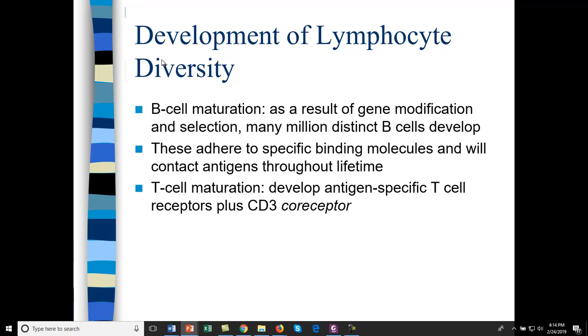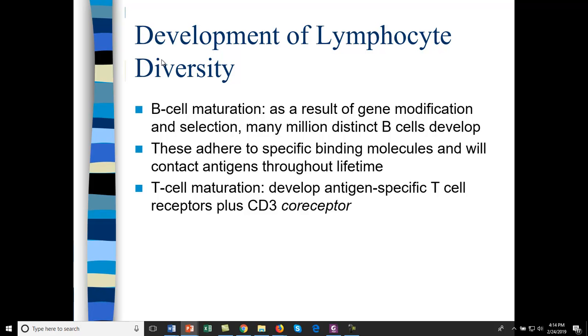Okay, T cells have T cell receptors. They're much less complex than antibodies, and these T cell receptors will bind MHC class 2 plus the antigen, okay, and that helps the T cell to mature.